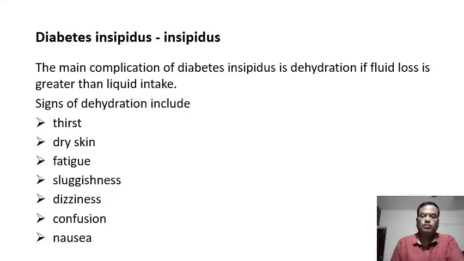Now, what are the signs or symptoms which tell us that the person is suffering from dehydration? Thirst. Of course, whenever there is loss of water from the body, either in the form of sweat or urine or in any other form, we feel thirsty and we drink water, and that dehydration is compensated in a normal way.